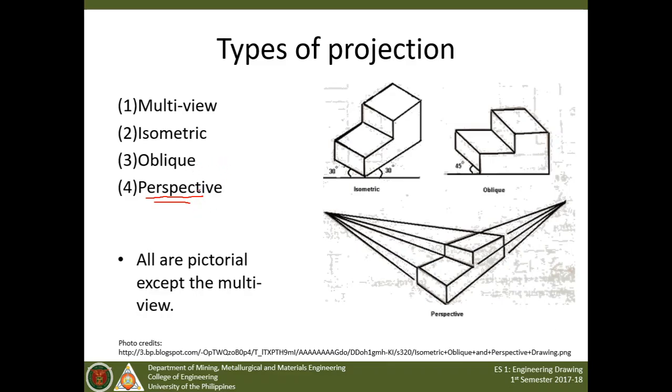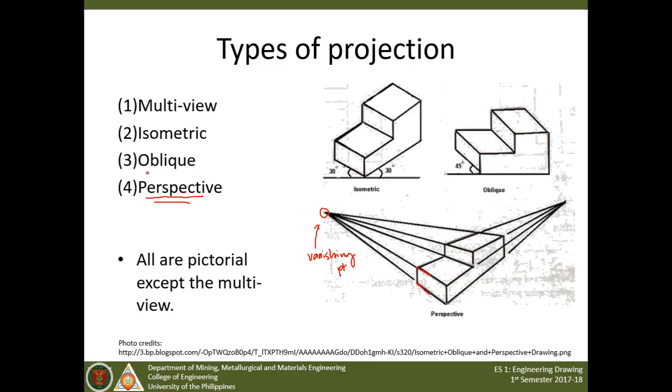In perspective view, there is your vanishing point, which is where your parallel lines, so this one and this one, appear to converge. The perspective view is commonly used in architecture because it gives us a more real-world representation of the 3D object.